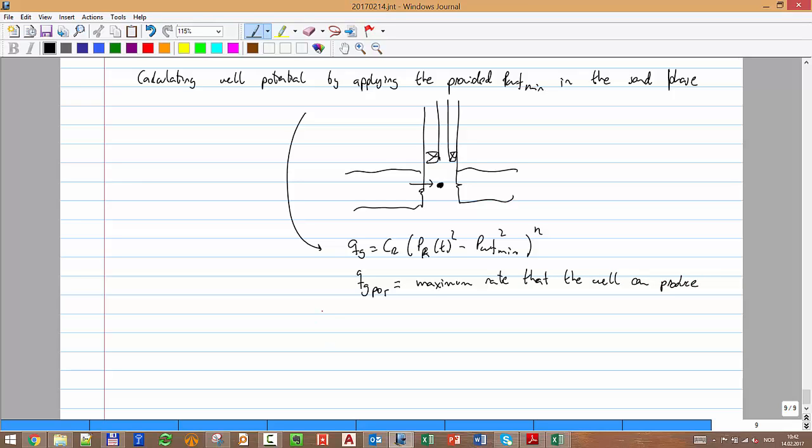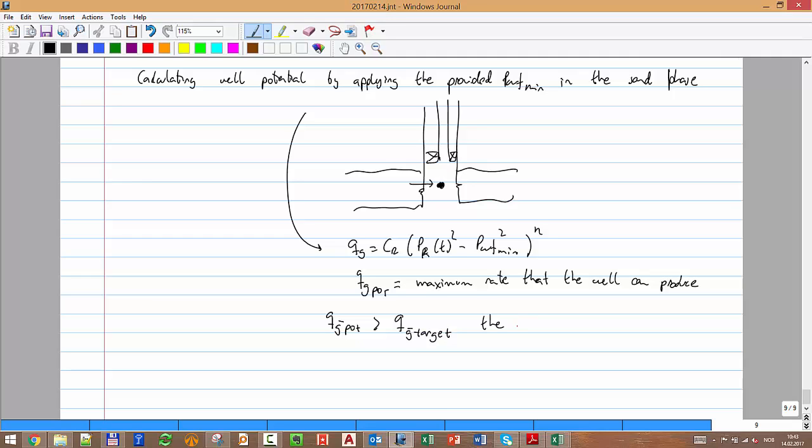So if QG potential is greater than QG target, remember that each well also has a target, then I can produce the target rate, right? The only thing is I have to increase the pressure, but the pressure will still be higher than what I need to flow from that point to the rest of the system.